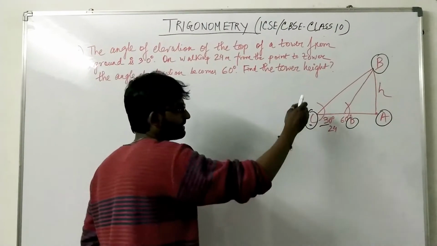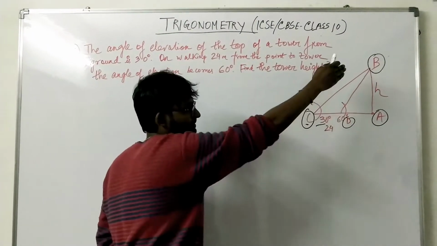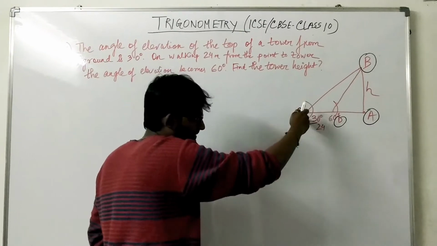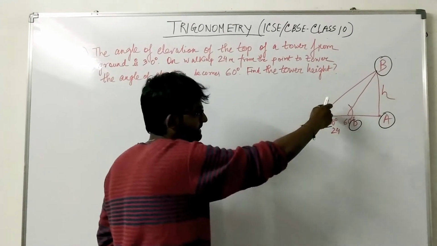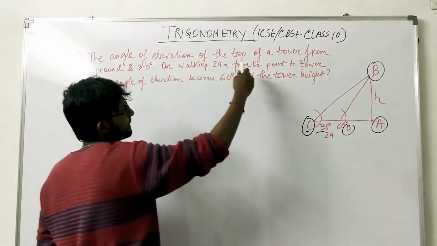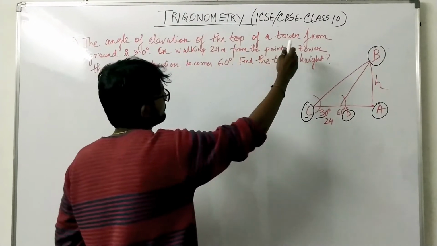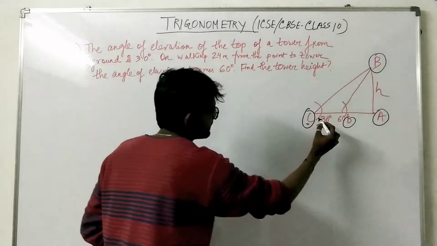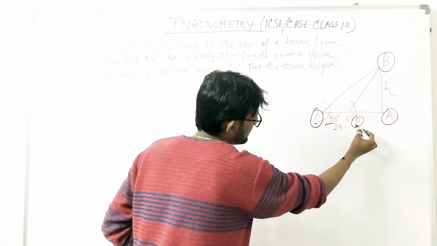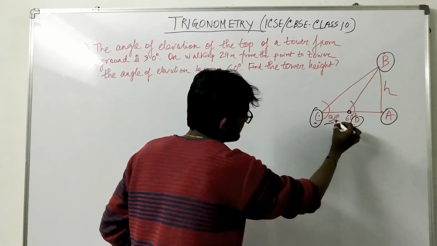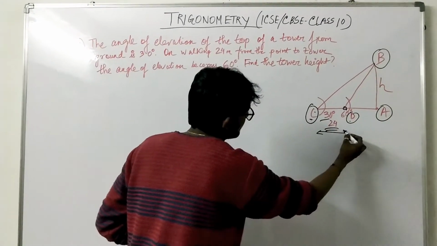When anybody is seeing from this point to the top of the tower, the angle built from the viewer's point to the top of the pole is 30 degree. On walking 24 meter from the point towards the tower, suppose to this point D over here, he is walking 24, so this is 24 meters.